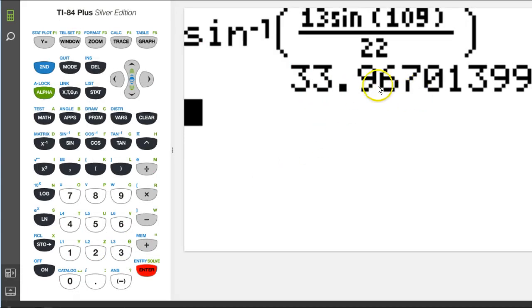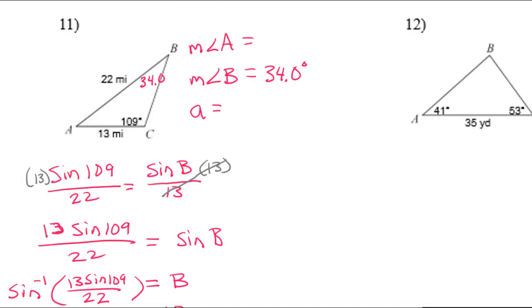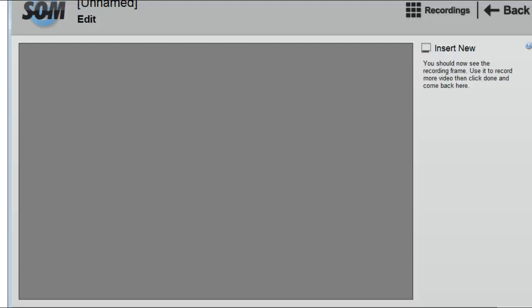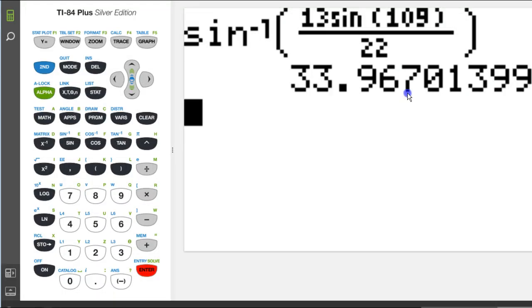I have changed my mind about rounding this to the nearest tenth because I'm looking ahead and I see that when I find the measure of angle A, I'm going to have to use that to find side A. And if I'm going to have to use a decimal that I found, I don't want to round it to the nearest tenth. I want more decimal places than that. So let's go ahead and keep 3 decimal places.